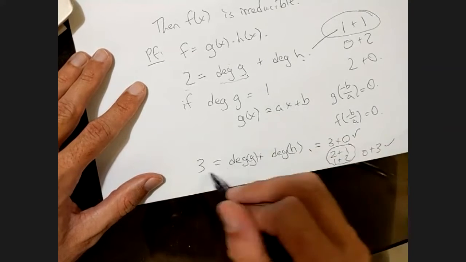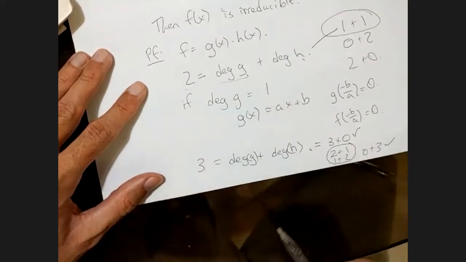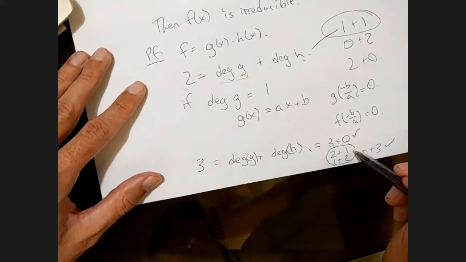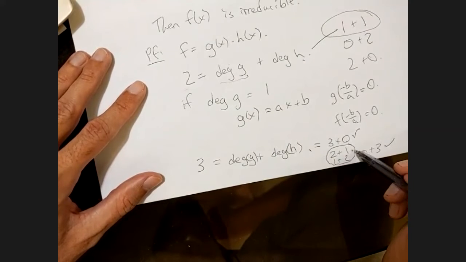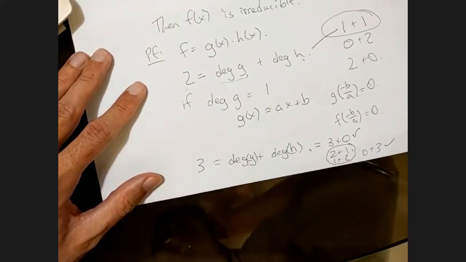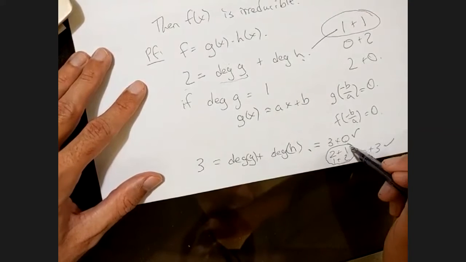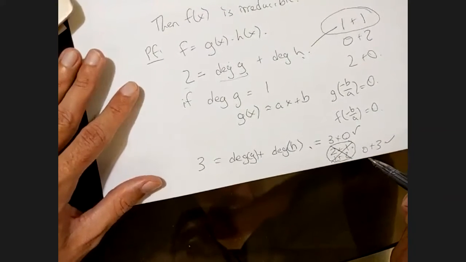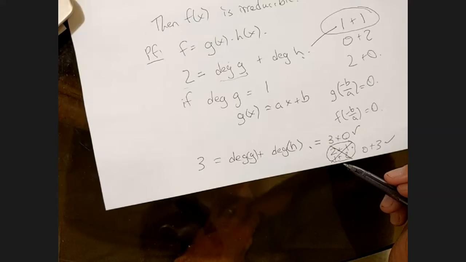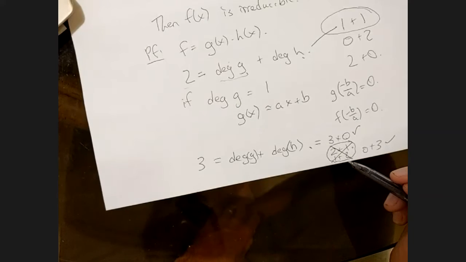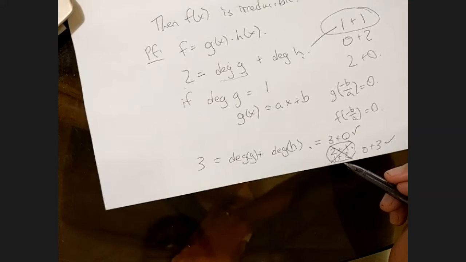In other words, that would be fine with f being irreducible. The only problem is when the degree of h is 1. But in that case, h has a root, which implies that f has a root, and that's a contradiction. So you're able to eliminate both of these as well. So for things of small degree, you can check that a polynomial is irreducible by just checking if it has roots or not.